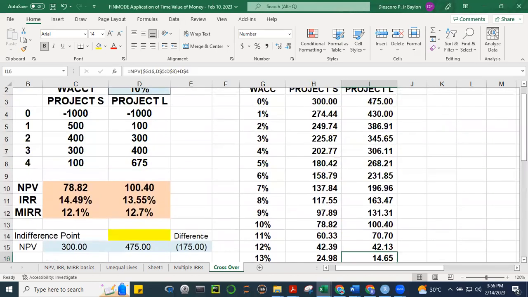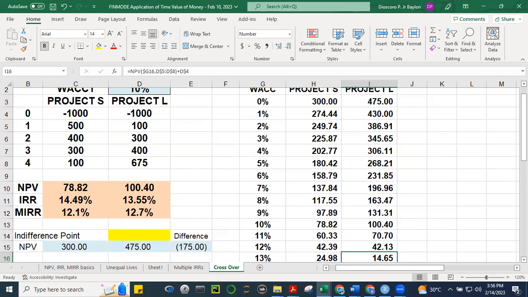Class. Hello. That's an easy question. Ulitin ko. Ang indifference point, yun yung rate of return, yun yung WACC na whether we choose S or whether we choose L, it doesn't matter.